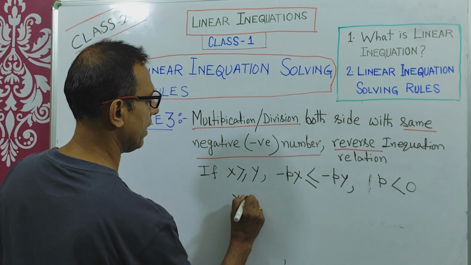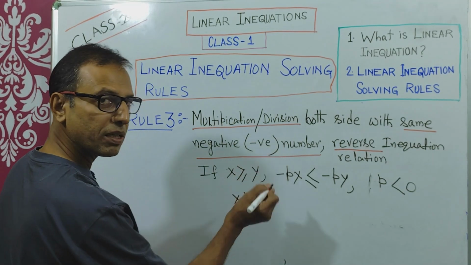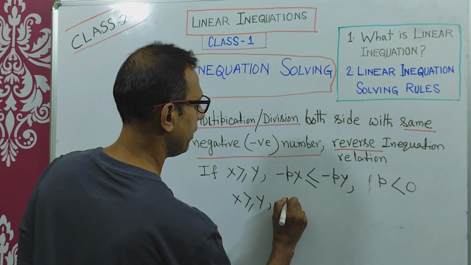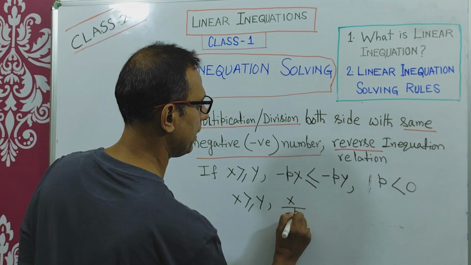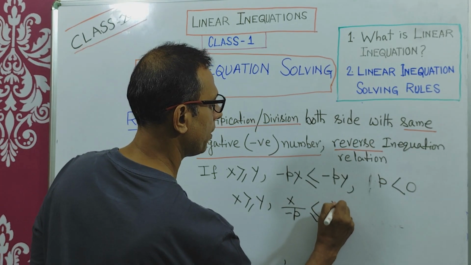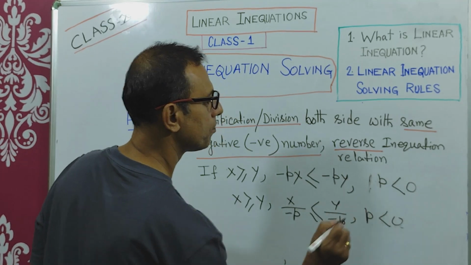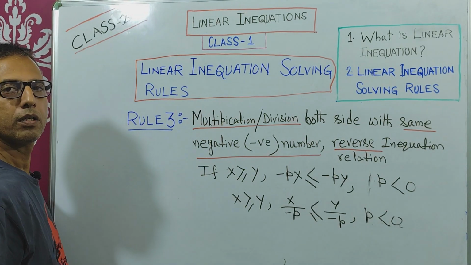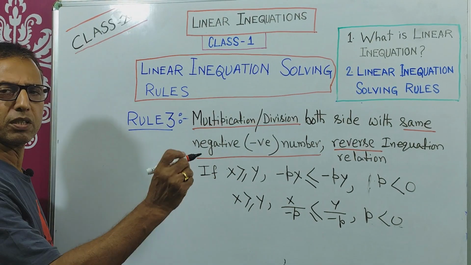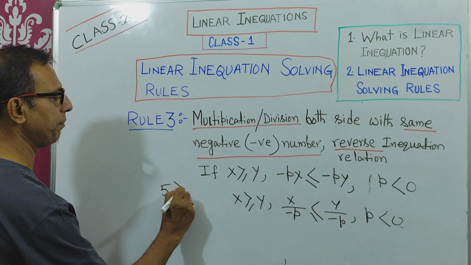Same thing for less than or equal to also. If x is greater than or equal to y, then x by minus p is less than or equal to y by minus p, where p is less than 0. Right? It is very simple. Just let me give you one example. Forget about a variable. We know 5 is greater than 3.